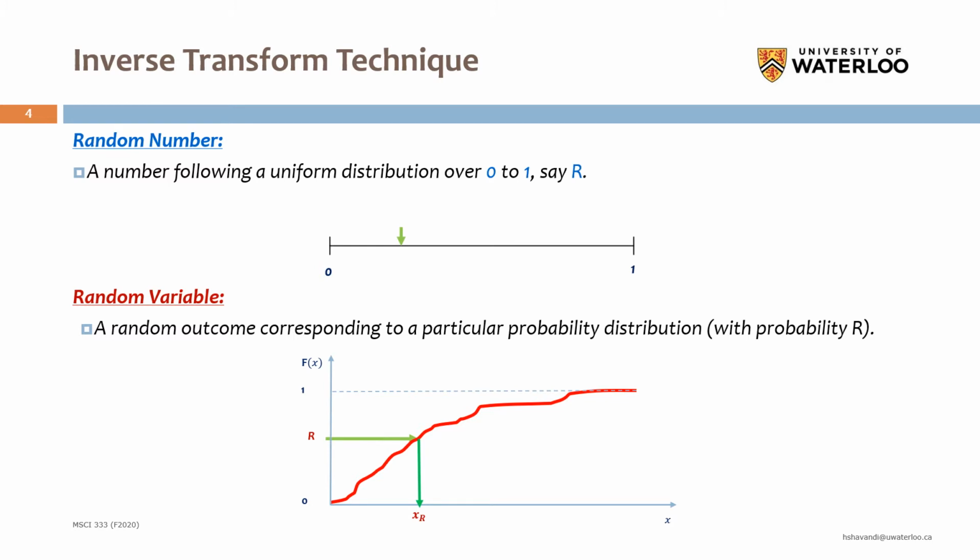Then, by equating the CDF with a random number R, we can solve that equation for X, which we call X(R). That X(R) will be a random variate generated from that distribution. This is the general approach, which is called the inverse transform technique.